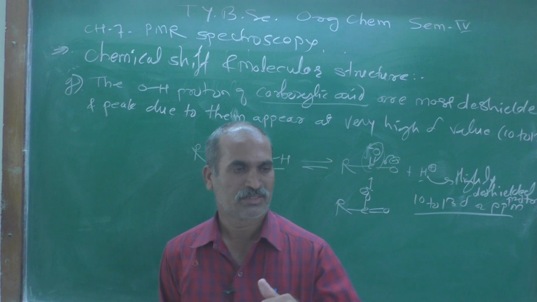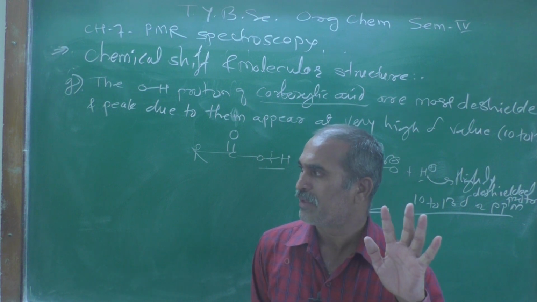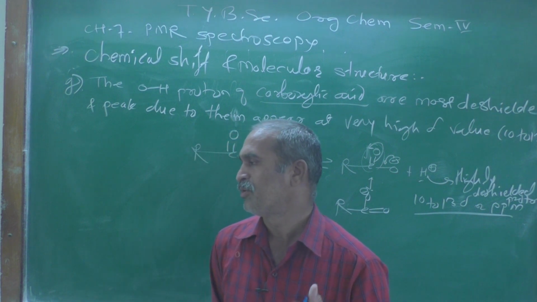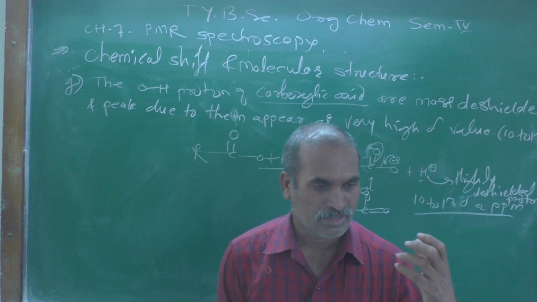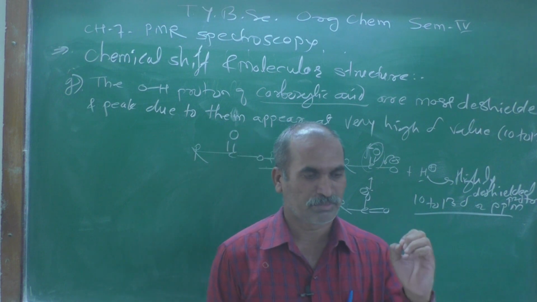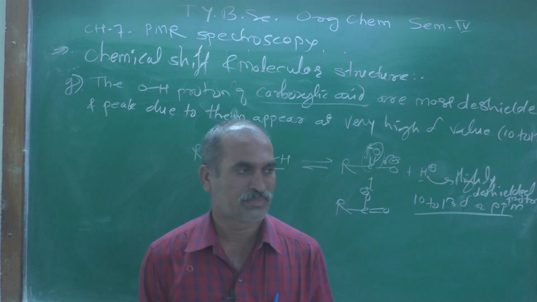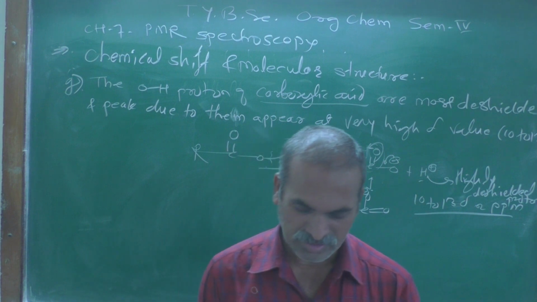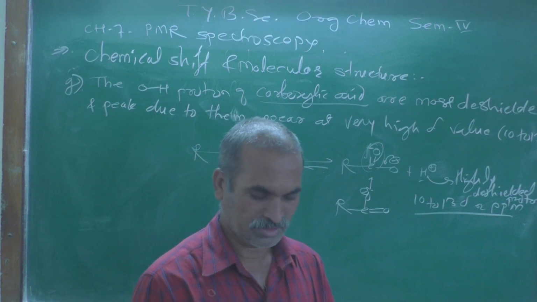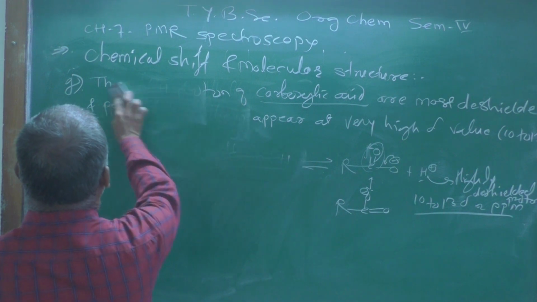So in this way, by knowing the chemical shift value, a chemist can easily know what kind of protons are present or absent, and by knowing this he can easily predict the structure of the organic compound. Now let us move on to the next point.